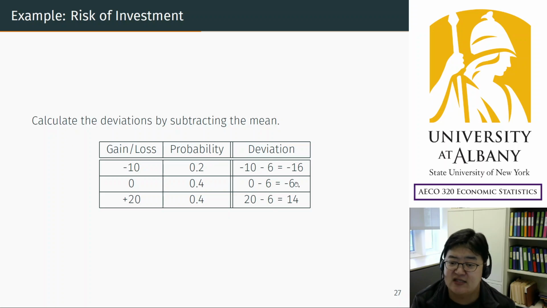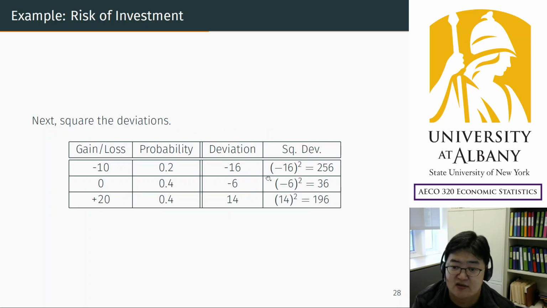And then the next step is to transform the deviations again by taking squares, which is simple, right? You may use a calculator: 256, 36, 196. Squared deviations. So we transformed the original gain-loss variable into deviations and then squared deviations. You may use this new random variable together with this probability.